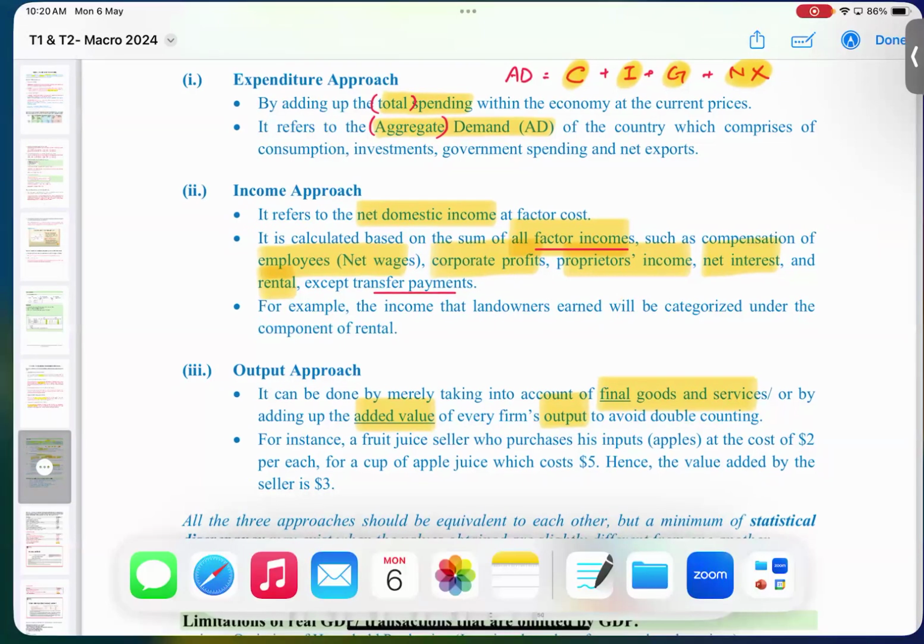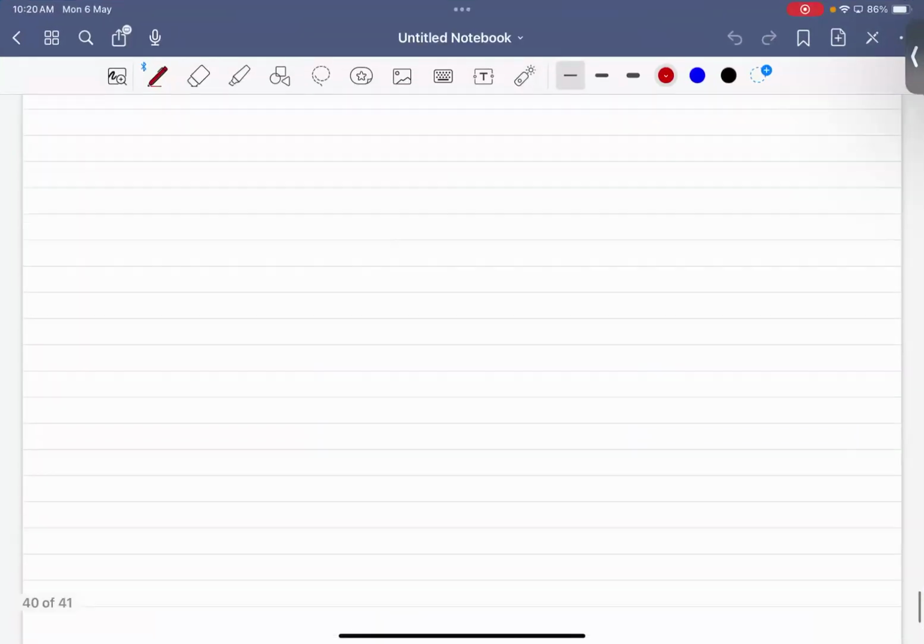Very simple. Let's have a look into a scenario here. Let's say this is an apple juice.